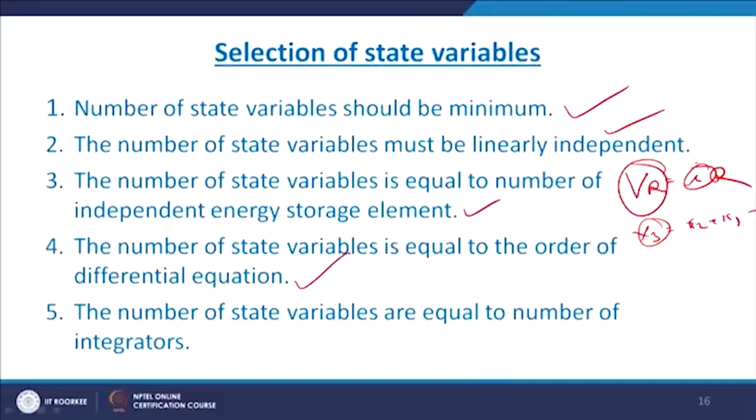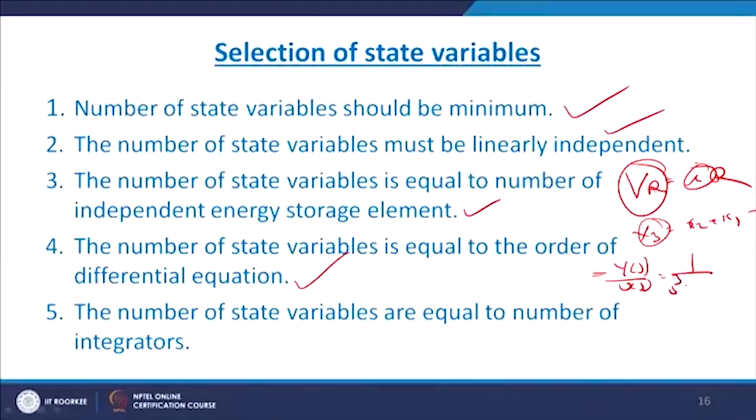Fourth point, the number of state variables equals the order of the differential equation. When we write in Laplace form, that is in transfer function form, Y(s) over U(s) equals 1 upon s cube plus 2s square plus 5s plus 1, here the order is 3.